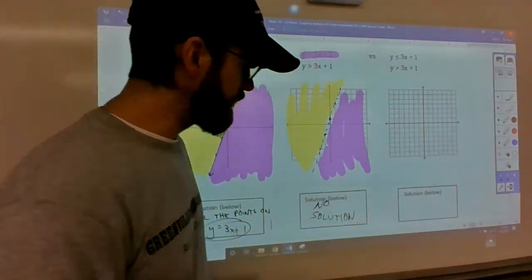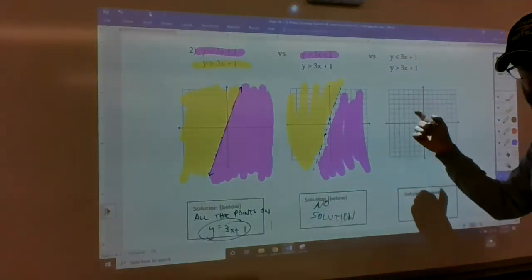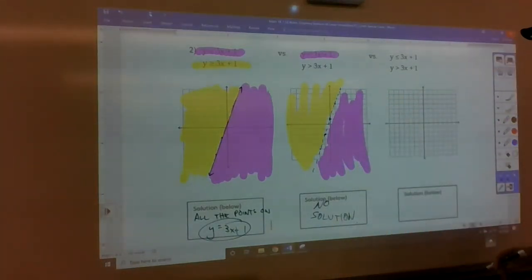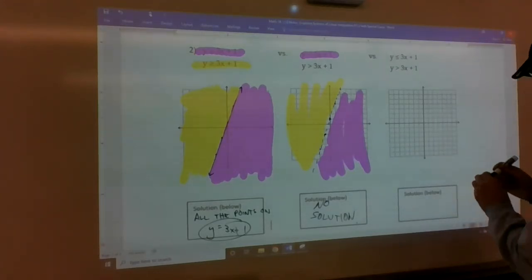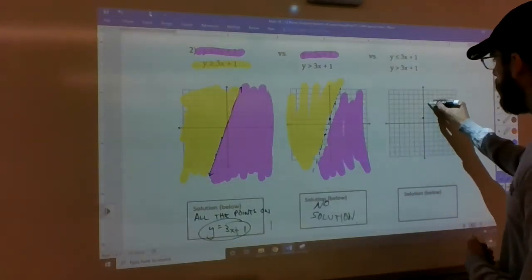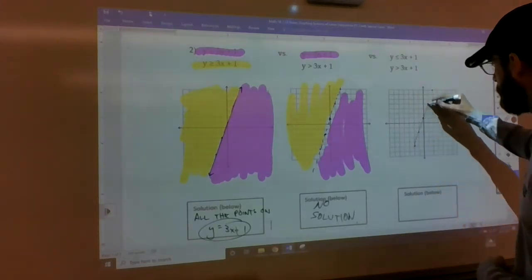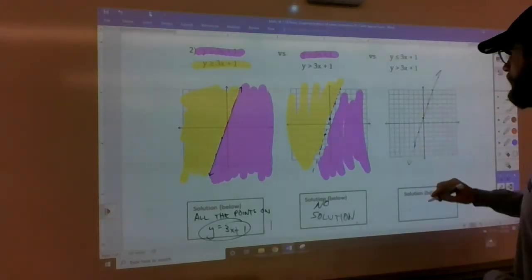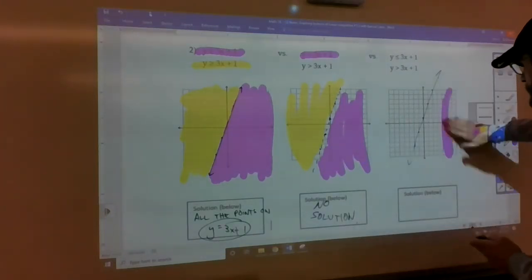All right, this last one. Oh, this is really hard for me to help you guys visualize by just drawing. So it's kind of like, I don't know, one of the lines is bold, and it goes shade below.